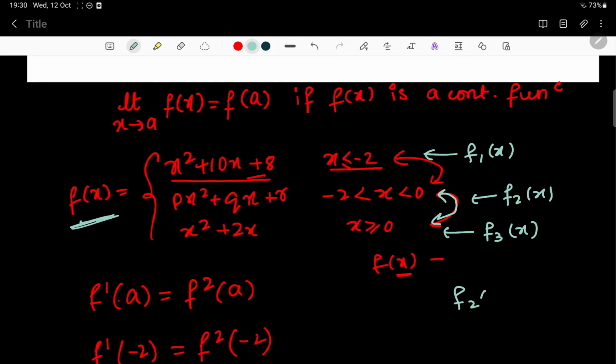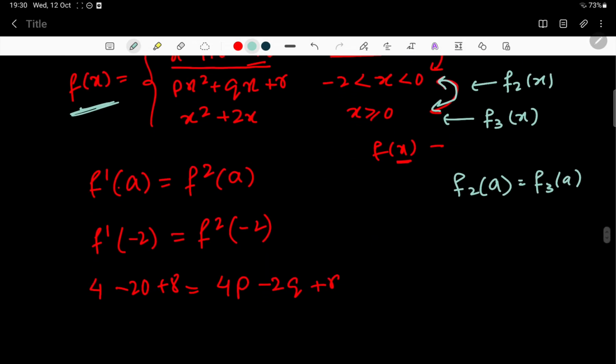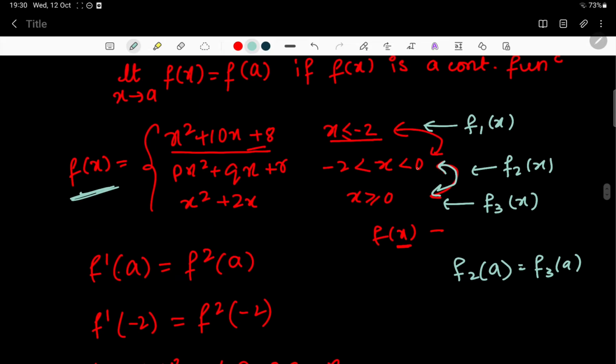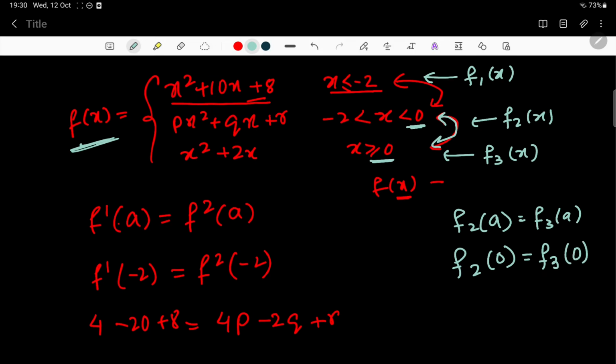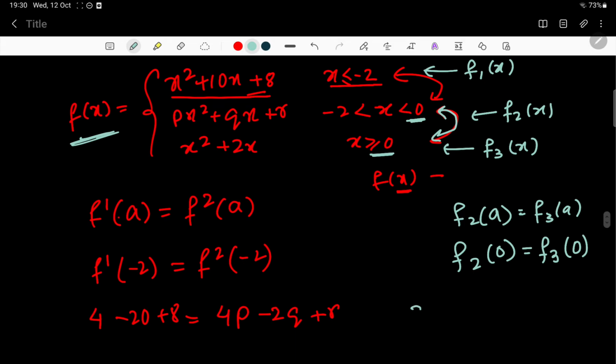So f2 at a again must equal f3 at a. If this is also true, then see the extreme value 0. We should write that f2 at 0 must give the same value as f3 at 0. If that is also true, we can say that r equals 0. From here we directly get the value of r, that is 0.